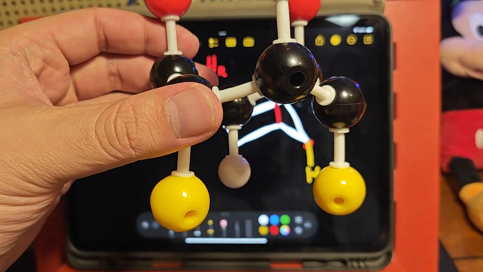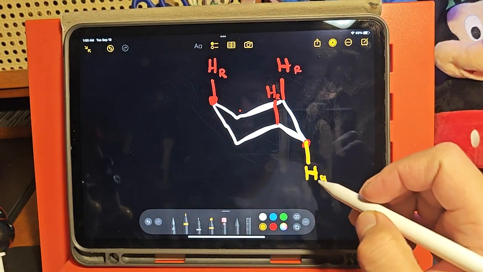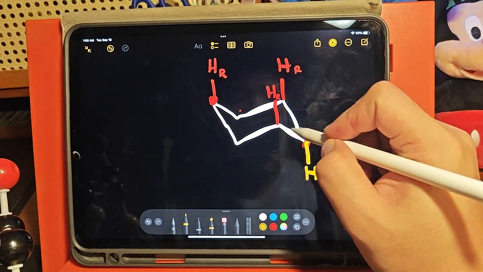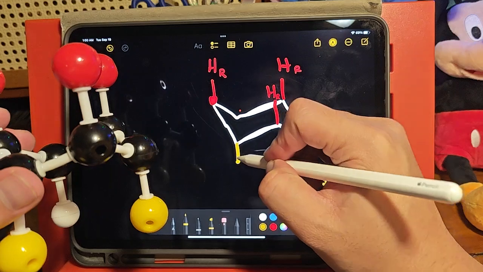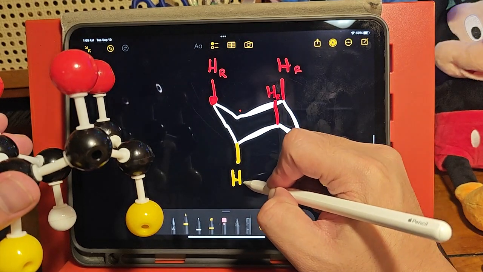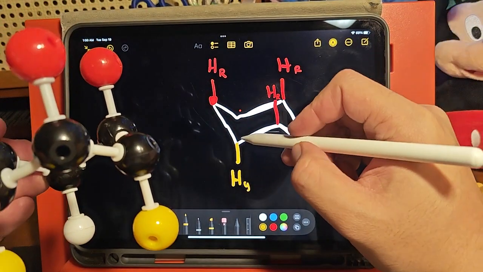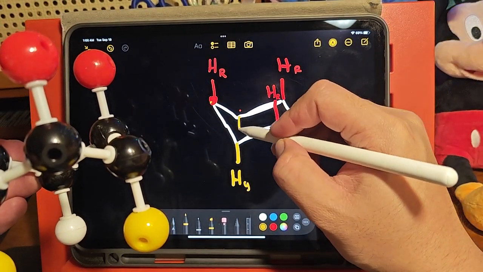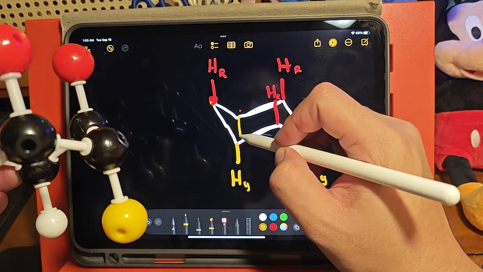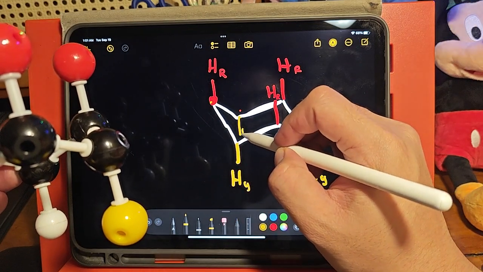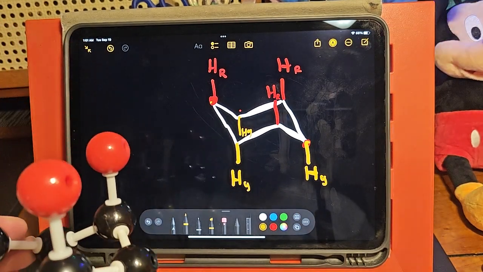And so if we go here into our two-dimensional drawing, so again, 1, 2, 3, this one here is going vertically down. There's a hydrogen sub Y for yellow. And here in the back as well, skipping a carbon, you'll go down and there's going to be an H sub Y somewhere down here as well. So we can just fix our drawing a little bit later on.